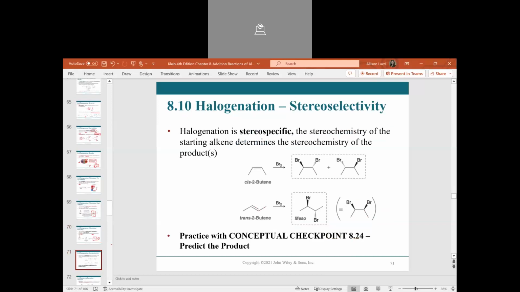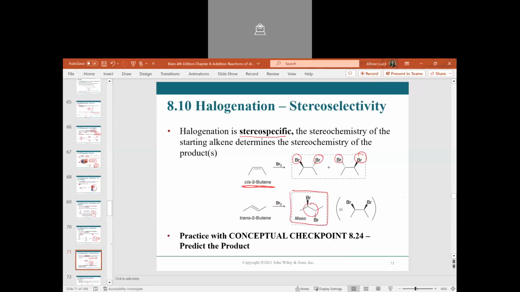There's also halogenation in non-cyclic structures, so we have stereospecific products that would result. If we have a cis-butene in this example here, we'll see anti-bromination. But when we have a trans-butene in this example, we create a meso compound.